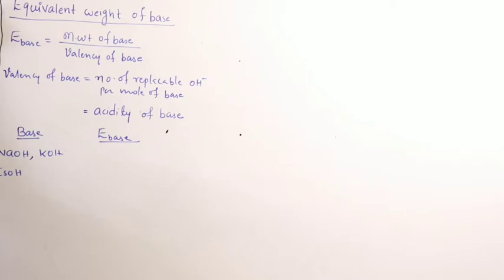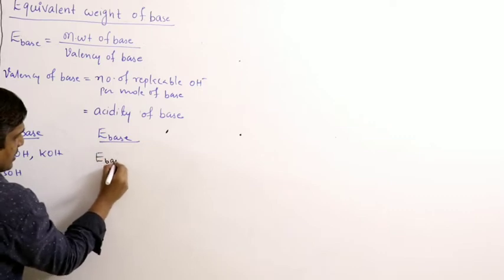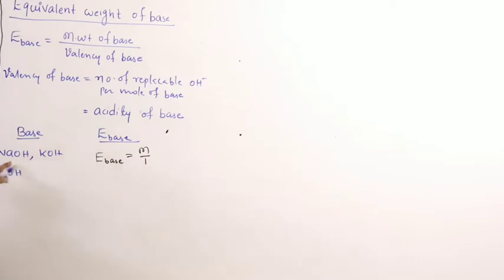That means they require 1 mole of H plus. So, here the equivalent weight of any of these bases is molecular weight by 1. So, it is 40 by 1. For example, 39 plus 17 by 1, like that.